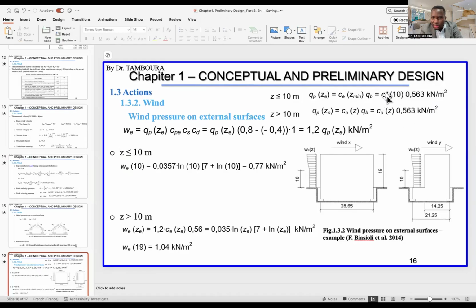So you can see, remember that CE10 is 1.13 according to this.